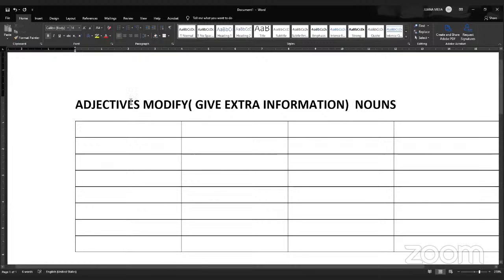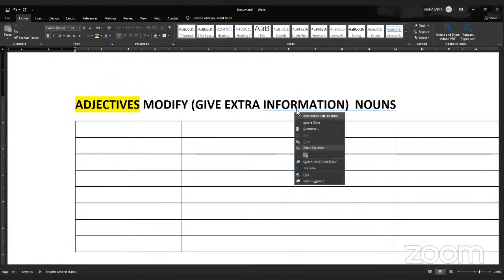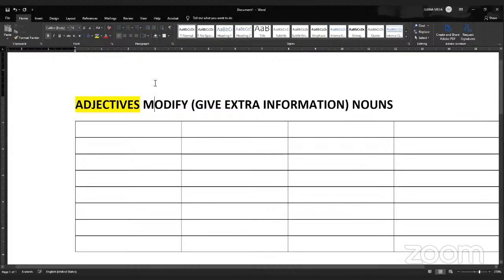So this is actually how the adjective works. Give me a minute. There you go. So sorry, guys. Adjectives modify, in other words give extra information about, nouns. We can talk about nouns: people, animals, or objects.